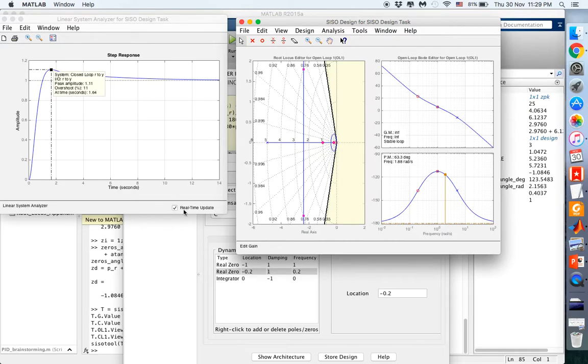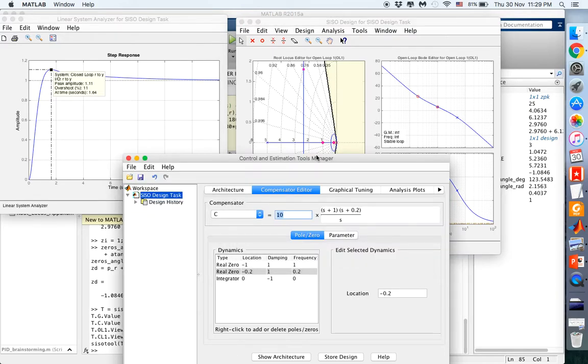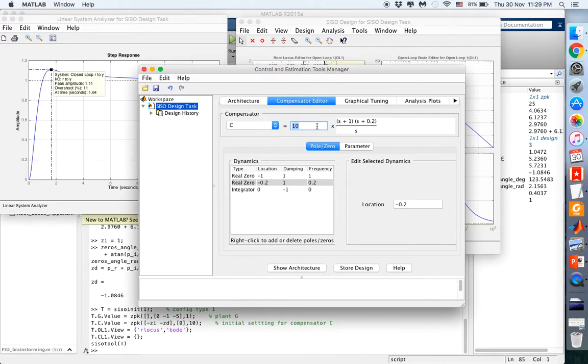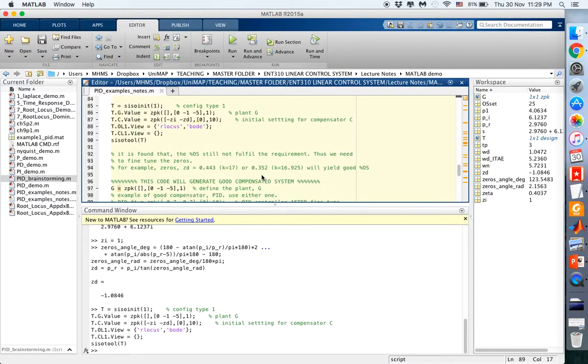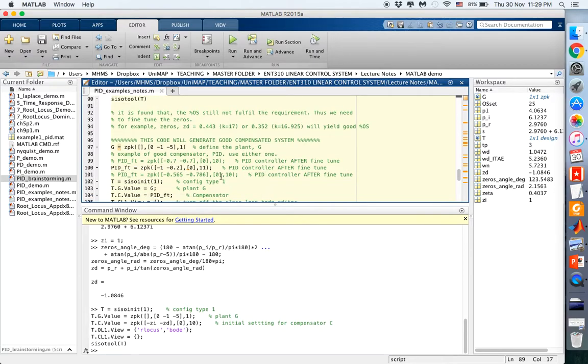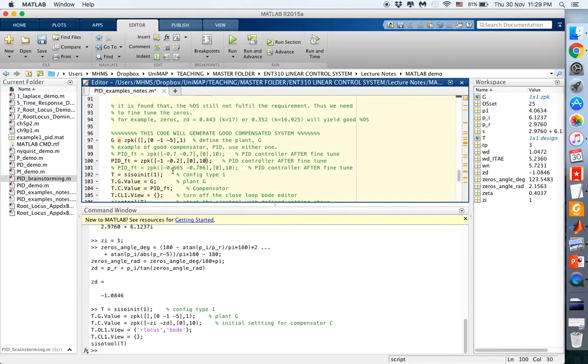Now we have our compensator transfer function. Now we put inside, so we have 10, -1, -0.2.